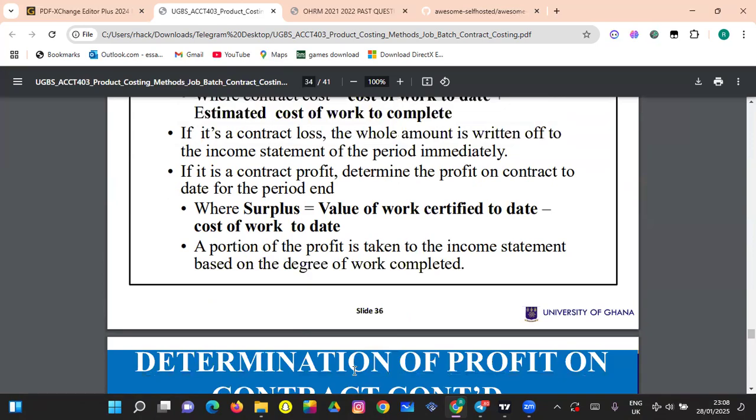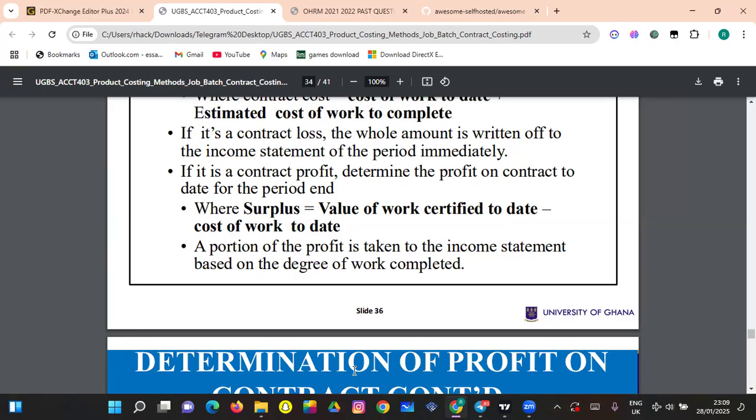If it's a contract loss, the whole amount is written off to the income statement of the period immediately. If it is a contract profit, determine the profit on contract to date for the period end, where surplus is equal to value of work certified to date minus cost of work to date.